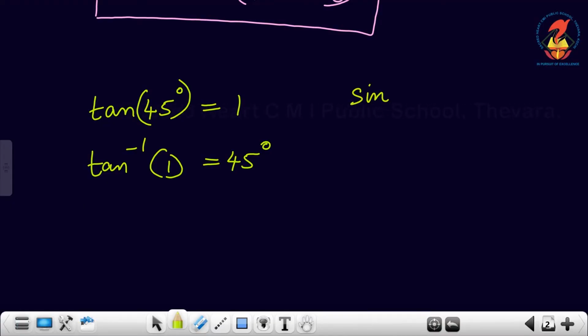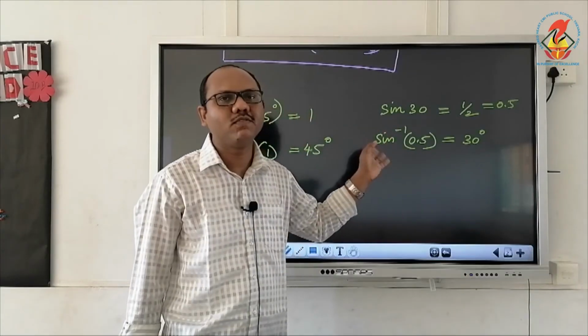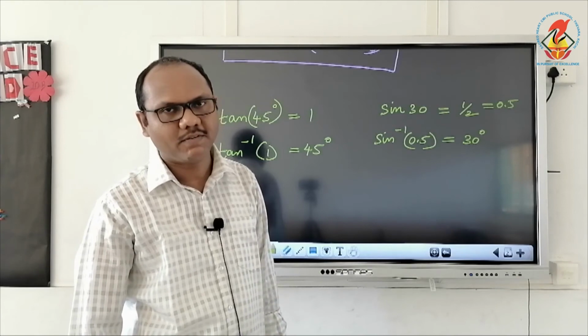Similarly, sine 30. Sine 30 is 1 by 2, or I can say 0.5. So if I ask you what is sine inverse of 0.5, you will say the answer as 30 degree. So this is called inverse trigonometric function. This is the way to find the angle in the vectors.